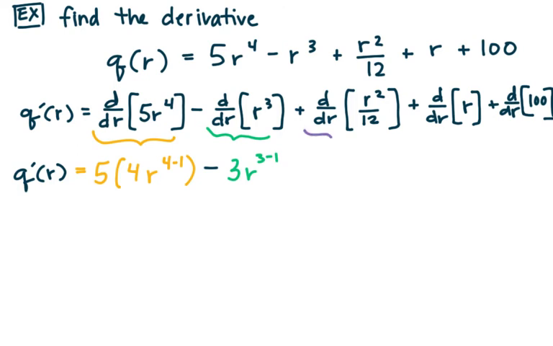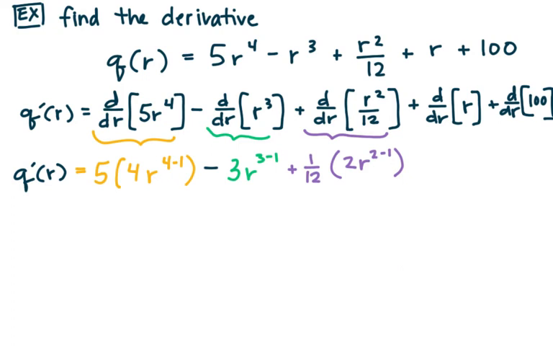My next term, derivative with respect to r of r squared over 12, keep in mind that's the same as writing 1/12 r squared. So I'm going to say plus 1/12, and then taking the derivative of r squared, that's 2r to the 2 minus 1.